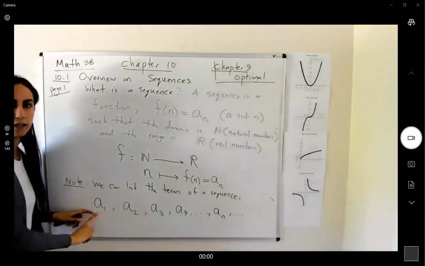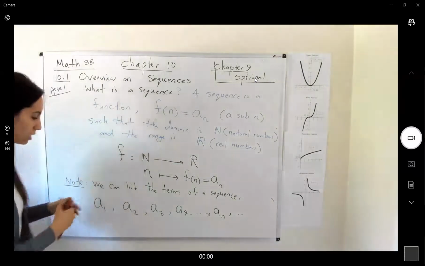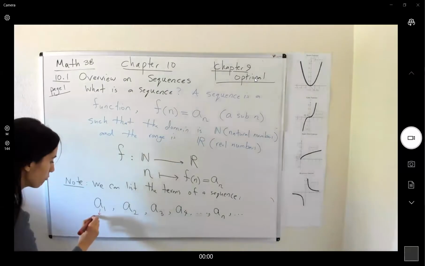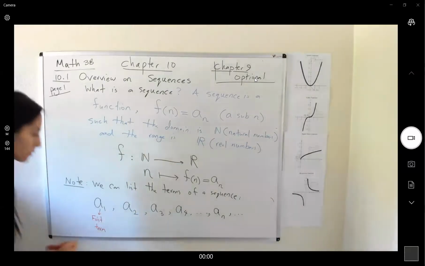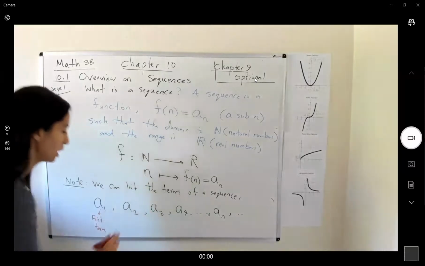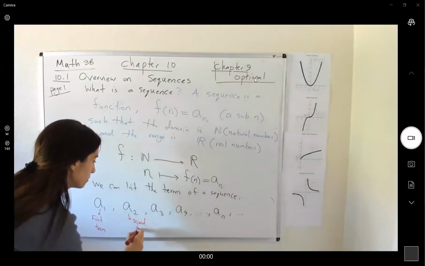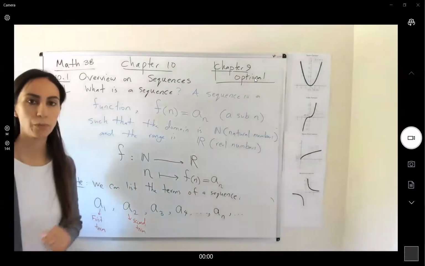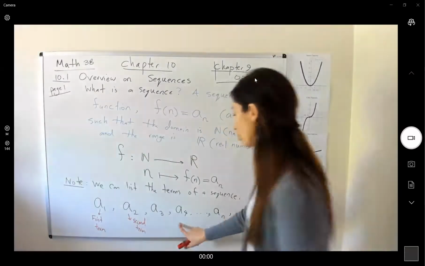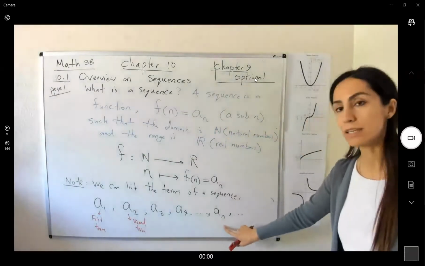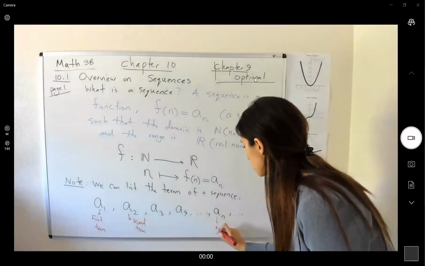We say that a sub 1 is the first term of your sequence. A sub 2 is the second term. A sub 3 is the third term. A sub 4 is the fourth term, and a sub n is the general term of your sequence.